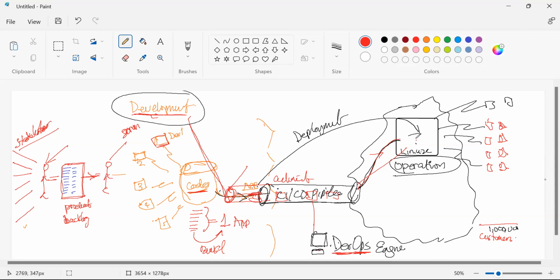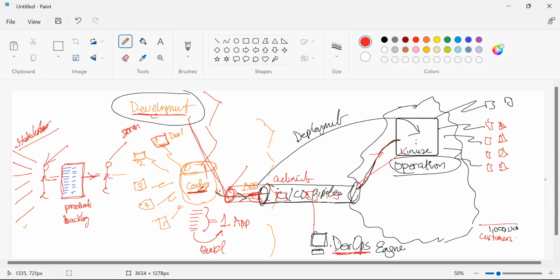Is it safe to say then that a DevOps engineer is an app developer? No, these are the developers. It's not safe. The work of a DevOps engineer starts from where the developer's work ends.